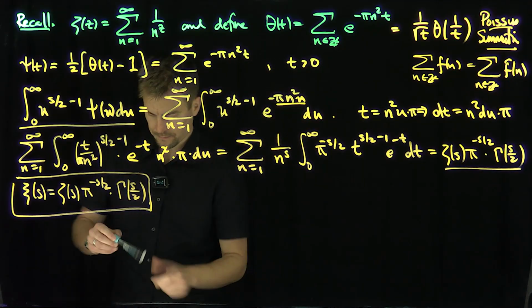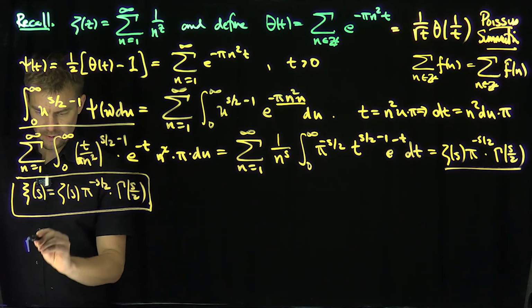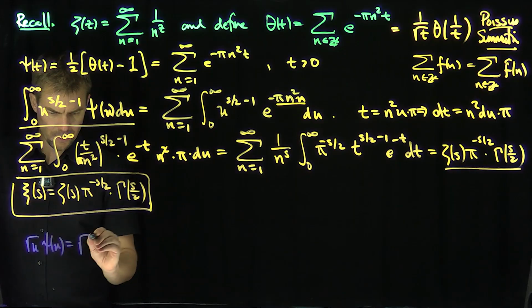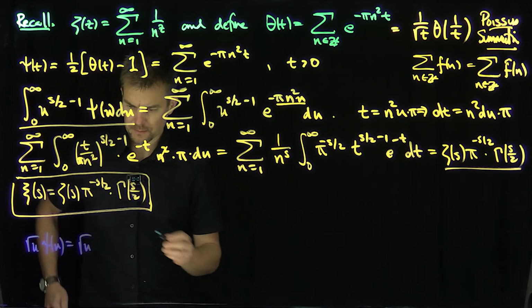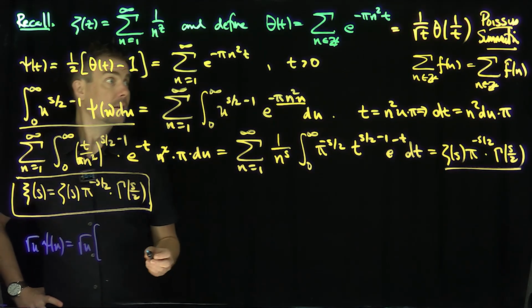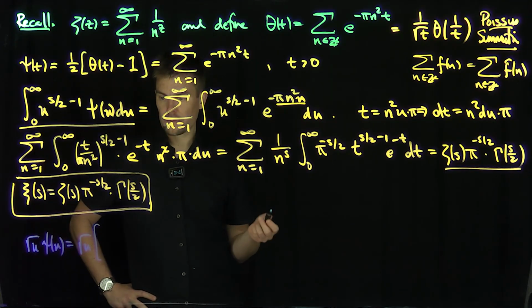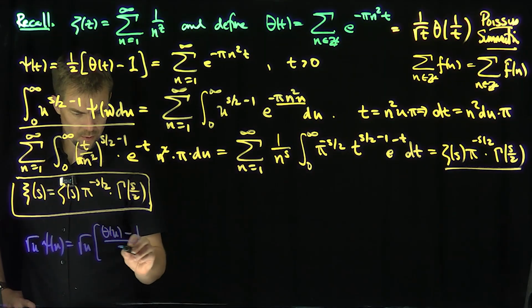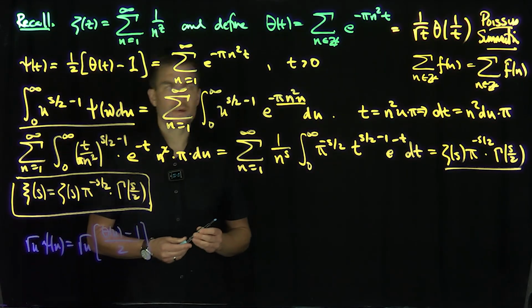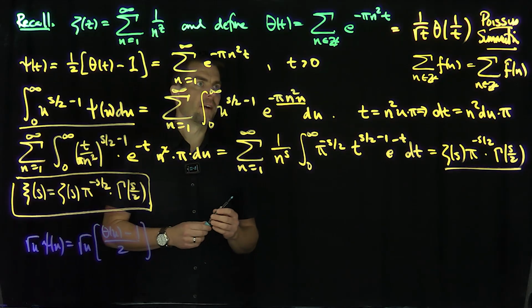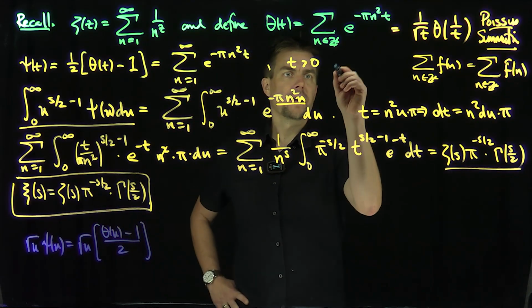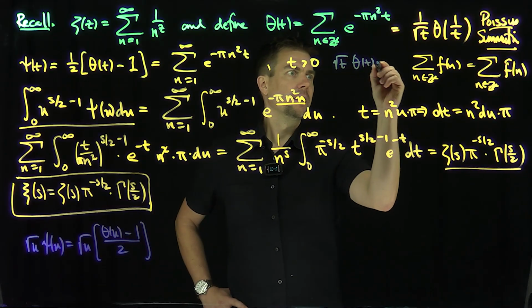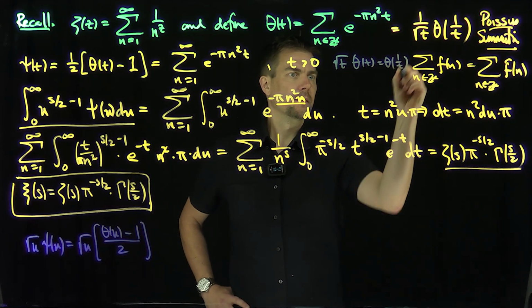Now, of course, I have this relationship over here, so let's find out what the Poisson summation formula tells us about psi, right? So let's look at root u psi of u. That's going to be root u times just theta of u minus 1 over 2, right? And now what do I know? I know from this formula over here that root t times theta of t is equal to theta of 1 over t, like that.